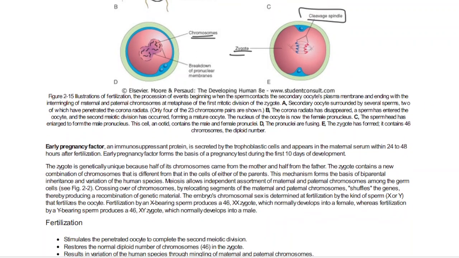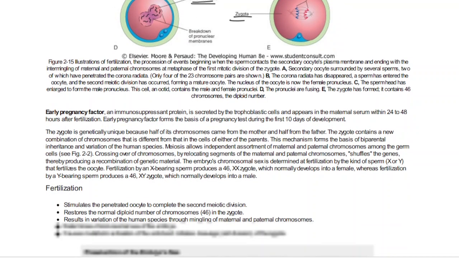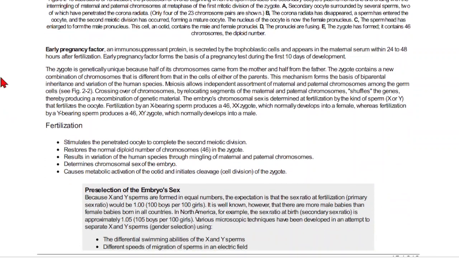Again, we talk about the early pregnancy factor. If pregnancy occurs, the pregnancy test during the first day of development will become positive, 22 to 24 hours after fertilization.